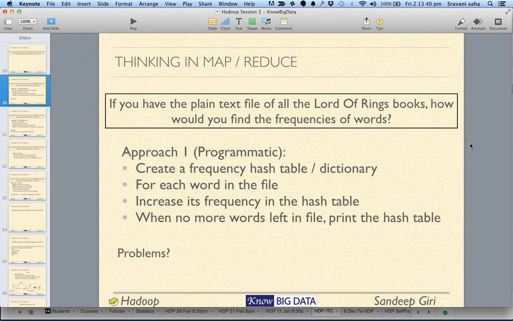Excellent. So yes, out of memory error will be one, and not suitable for large volumes of data. The biggest challenge with this approach is, in case you want to find the frequency of words in, say, 100 GB, and you don't have that kind of RAM available, then you cannot use this approach. Your RAM is hardly 4 GB, and a dictionary takes close to 4 times the actual memory.